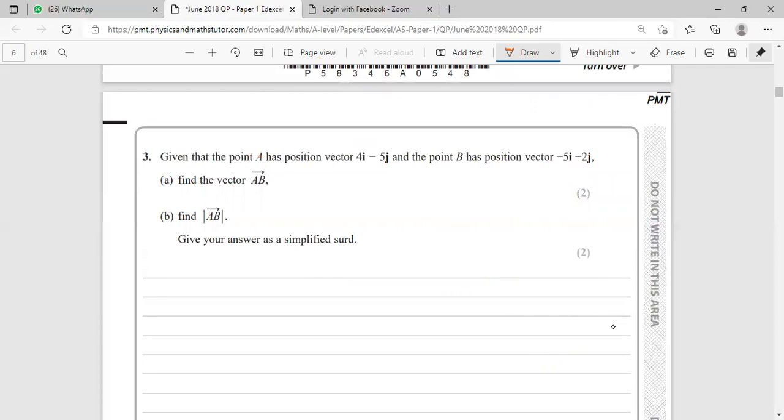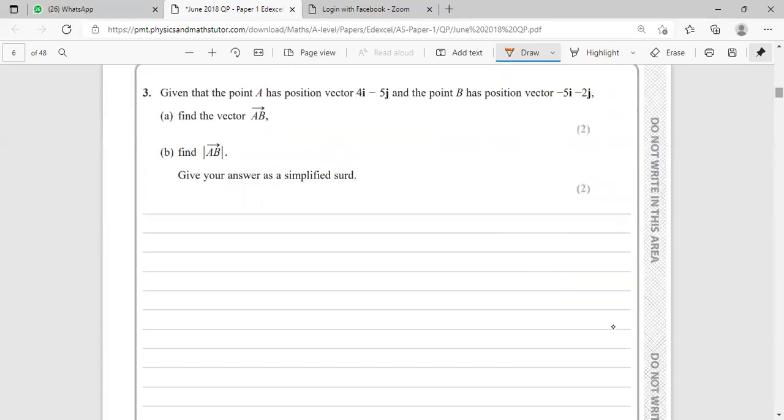Let's talk about this third question. This is the second last question. In this question, we are given that the point A has position vector this and the point B has position vector this. So find the vector AB. Before reading part A, let's just write down what we have been given in the question.